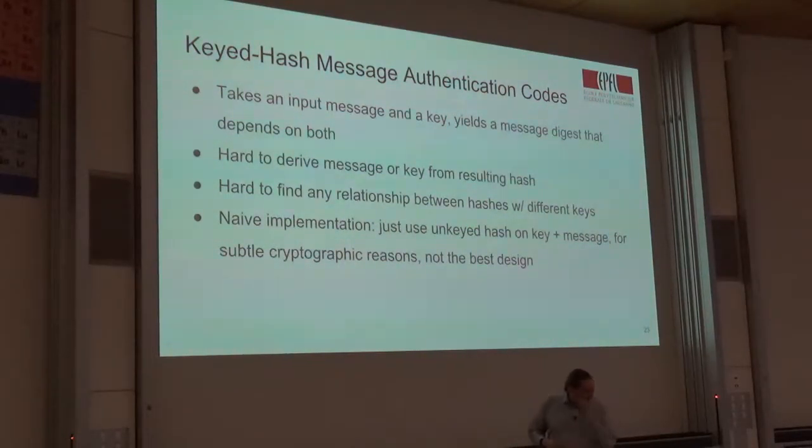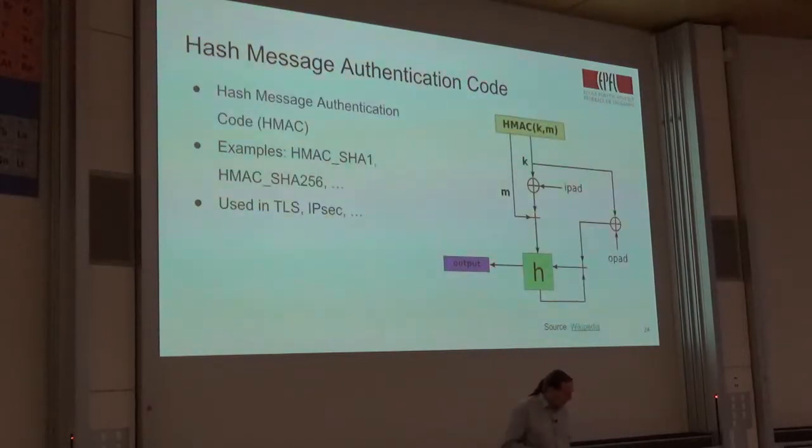So we've basically been talking about keyed hash message authentication. Well, you can use an unkeyed hash to create a MAC. There are also keyed hash functions that are designed to have a separate key input. And sometimes that gives benefits that we don't need to get into the details of.